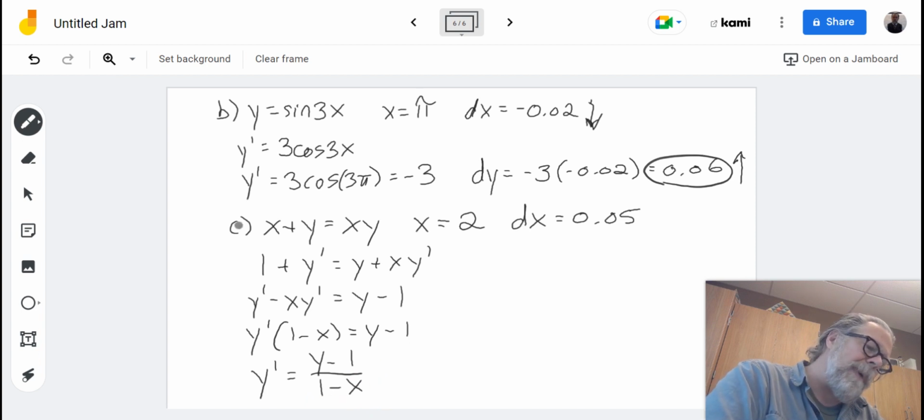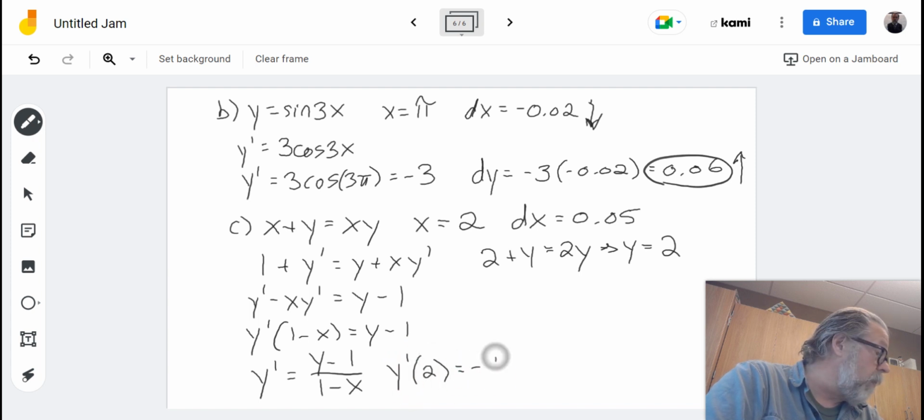And jumping back into here, we notice that 2 plus y equaled 2y, which means that when x equals 2, y must also equal 2, which means that my derivative at x equals 2 is negative 1. Did I get that right? I think so.